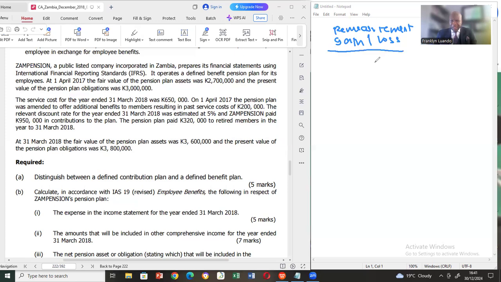And in this one, we have the assets and we have the liabilities.